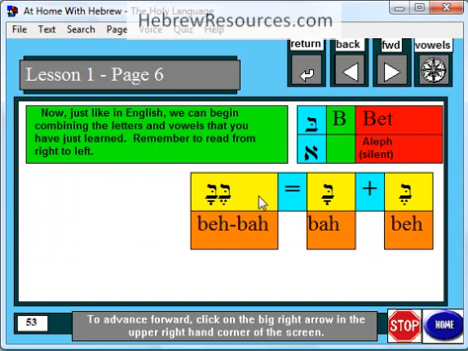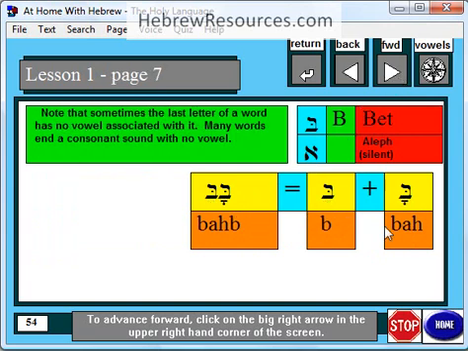Now you can put the two together. So we know that this is be and this is ba. And when you put them together, it becomes be-ba. Here's another case. You have ba and you could end the letter with a consonant. So instead of ba-ba, this becomes bob.